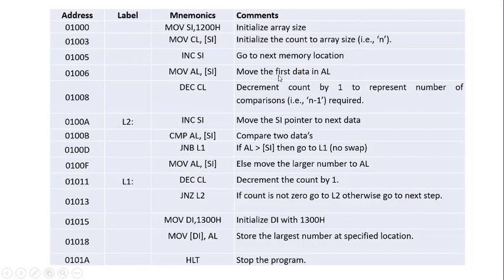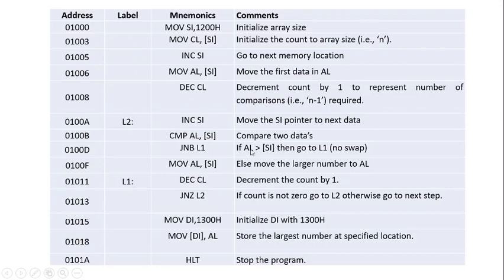In the next memory location we have the first data of the array, so we will move it to AL. Now we will decrement the count register by 1, that represents n minus 1, the number of comparisons required. Now we will increment the SI pointer to point to the next data, and compare the contents of AL and the next byte.